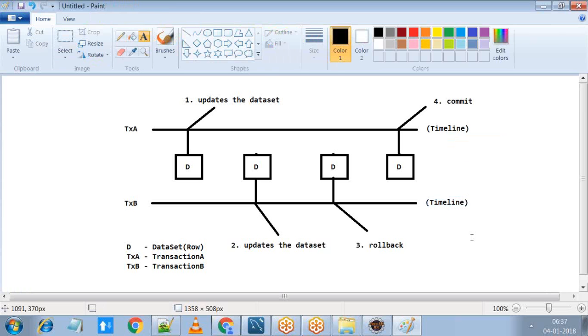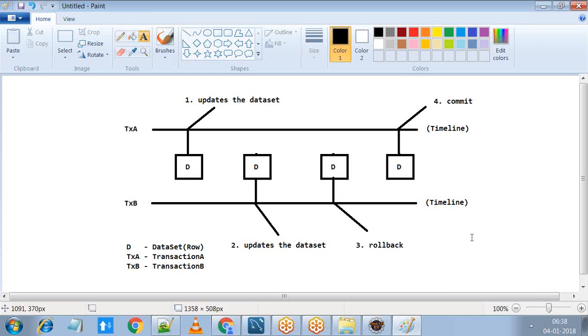So will there be any issue here? What do people think? Before transaction A could commit, transaction B will delete that record.